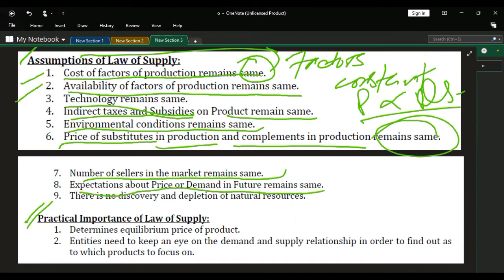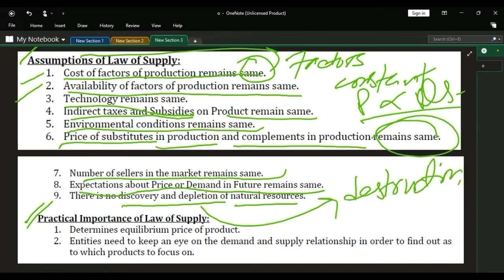There is no discovery or depletion of natural resources. Depletion means destruction or collapse of natural resources, meaning there will be no reduction in the availability of natural resources.